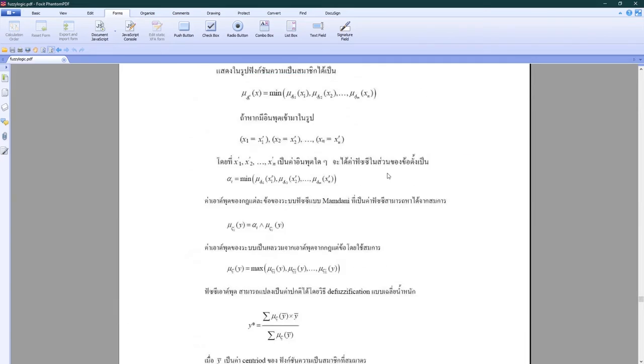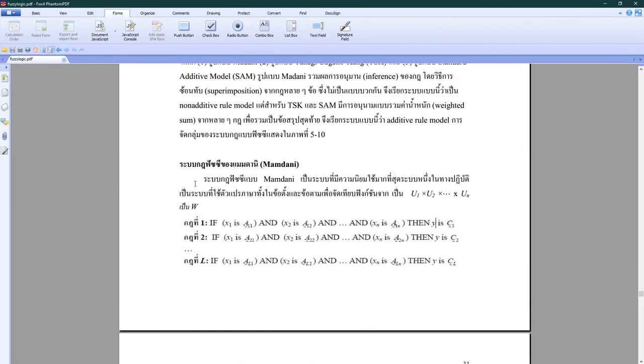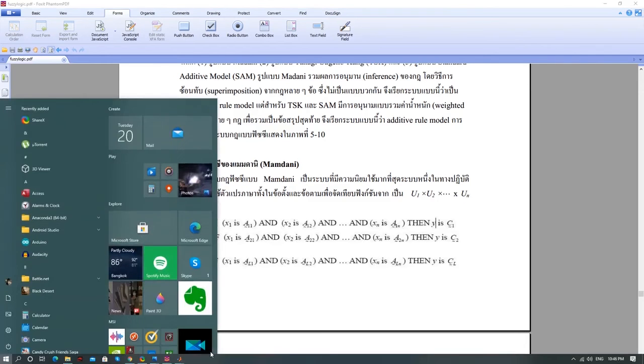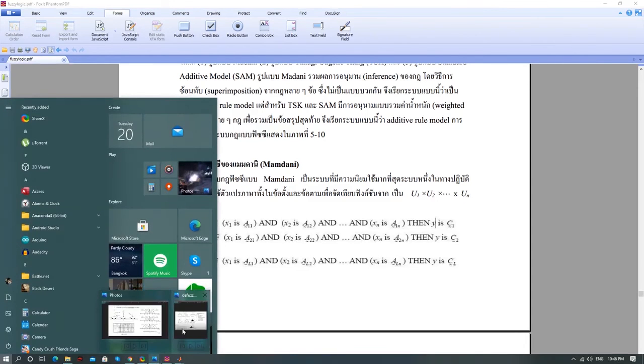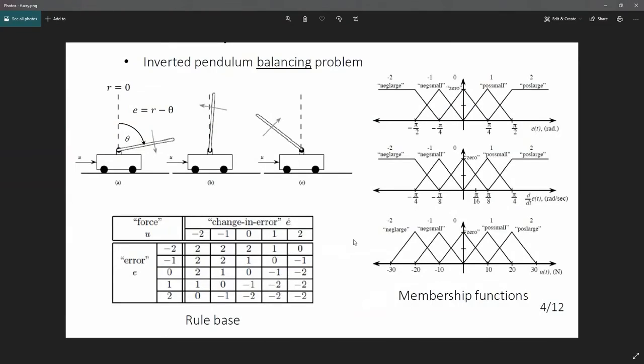Let's get back to the example. We already know how to set the rule by the Mamdani method. Use if-then logic with events to calculate the output. Getting back to our example, see, here is the rule base.